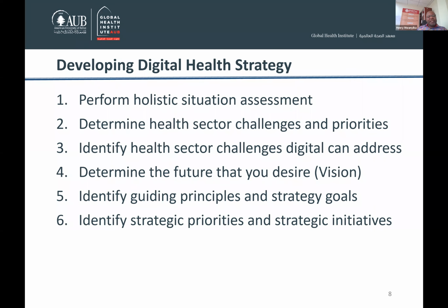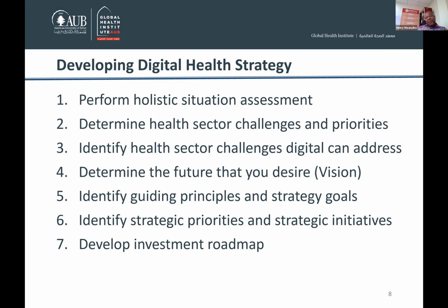Also, you need to identify strategic priorities and come up with strategic initiatives. In this way you will be able to determine what needs to be invested on when you're developing your roadmap, but at least you've identified your strategic priorities that digital can help you support.